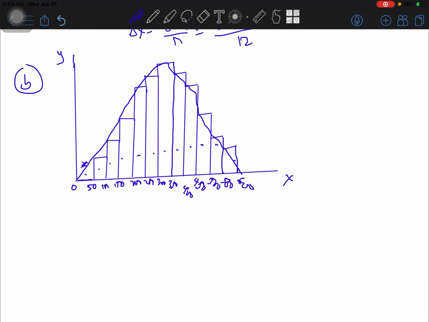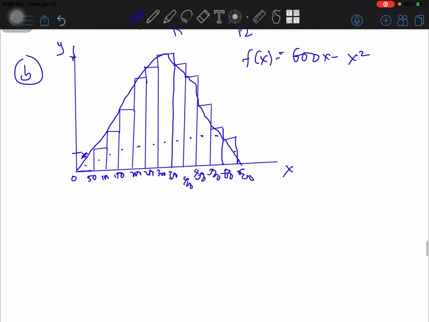And then this is what I have here. So if you have been able to evaluate the value of y using the function f of x equals 600x minus x squared, you'll be able to label this part as well. So I'll leave that one to you to label as well.